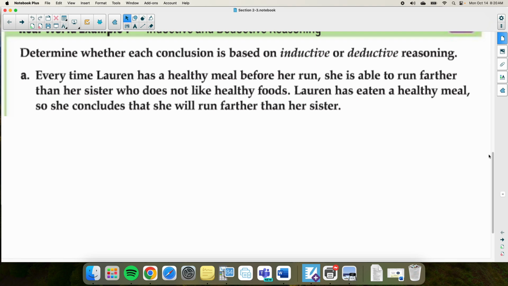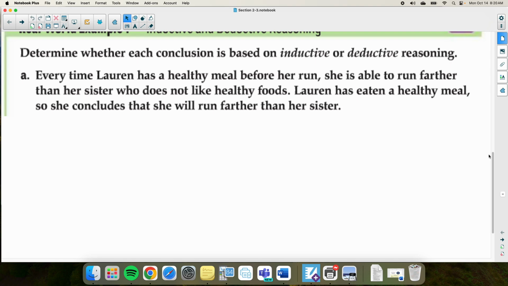So with deductive, you want to think about, is there a law? Is there a rule? Is there something you could say for sure? So this says every time Lauren has a healthy meal before her run, she is able to run farther than her sister who does not like healthy meals. Lauren has eaten a healthy meal, so she concludes that she will run farther than her sister, okay? This says nothing about how in shape either of the girls are.